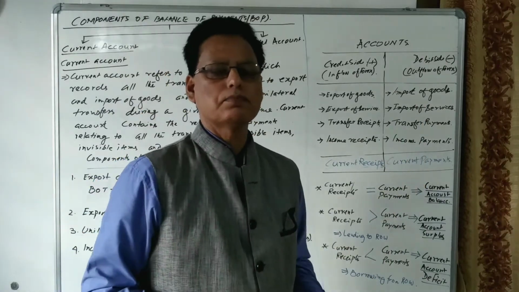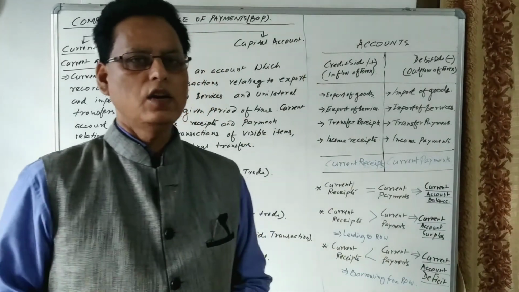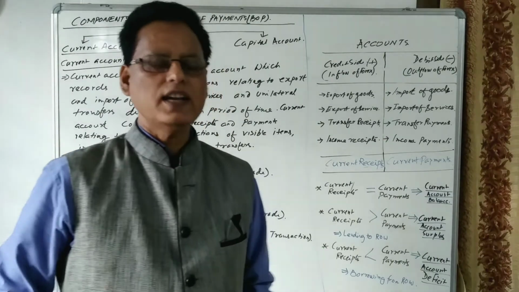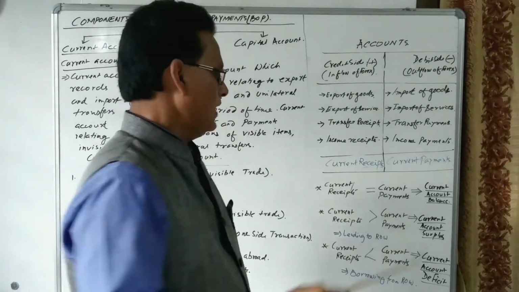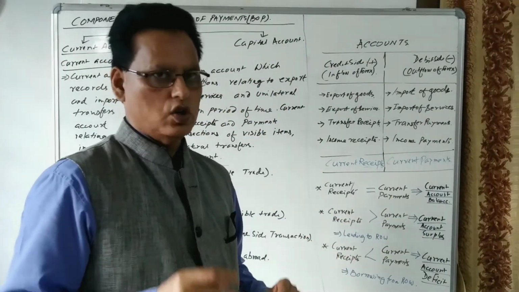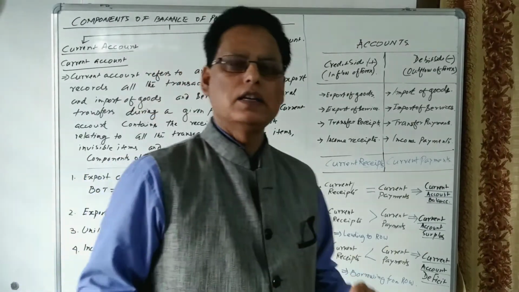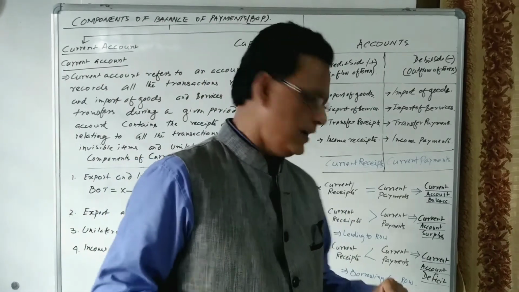And we take the sum, current receipts and current payments. If both are equal, then we can say the current account is balanced. Current account balance means current receipts and current payments are equal. Generally it is not equal; sometimes it is a deficit and sometimes a surplus.